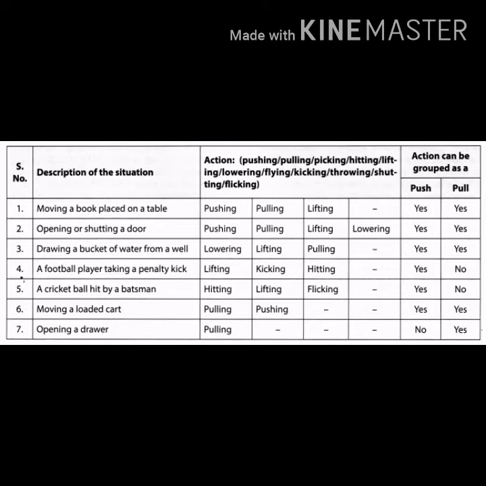So it can be grouped as push or pull. Have you noticed that in most of the situations both these actions are involved? So how do you move the object? We move the object by pushing or pulling.